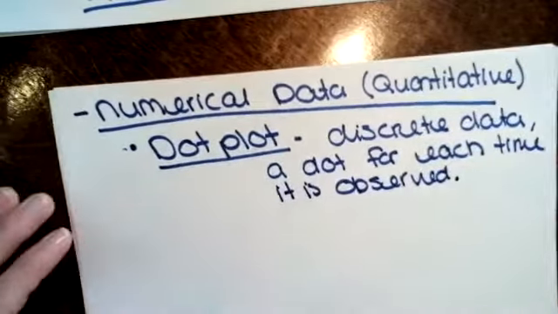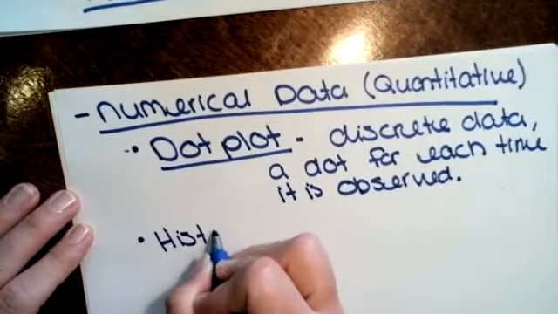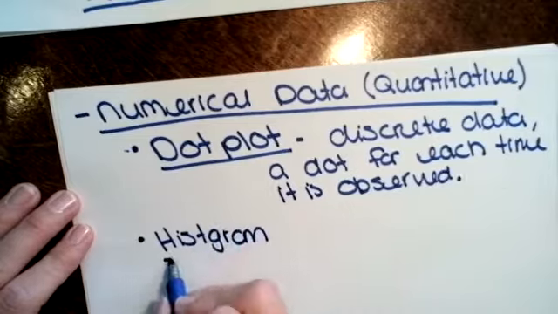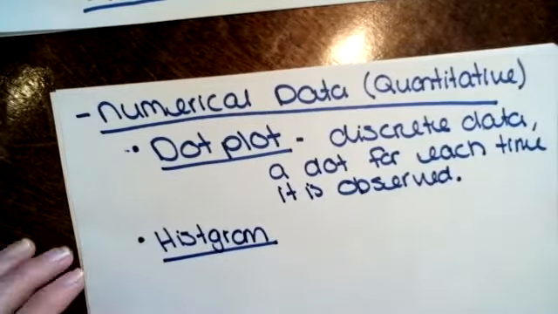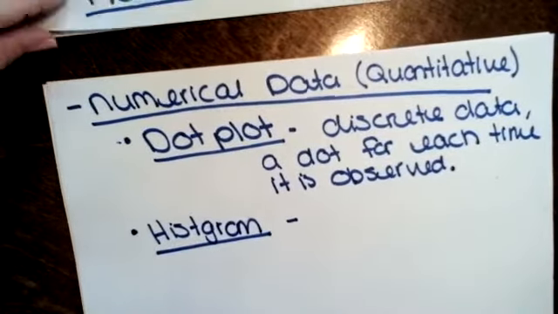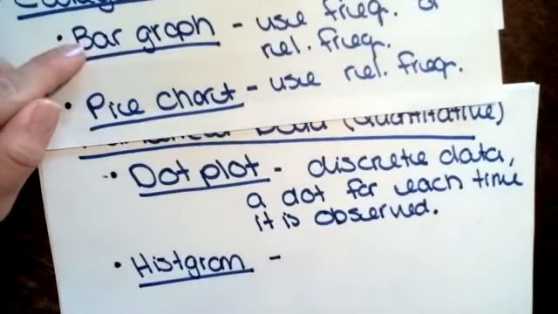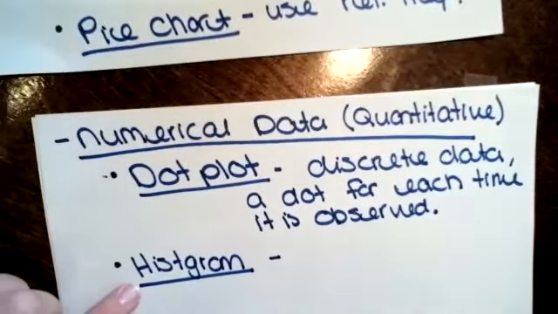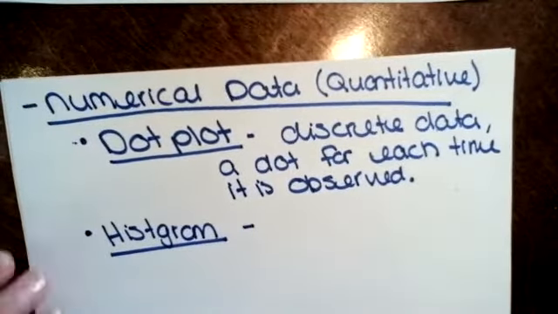Okay. The other one is the histogram. We use a histogram a lot. A histogram looks just like a bar graph, except the bars touch. Okay, so that's how you know the difference between the bar graph and the histogram. Bars do not touch in the bar graph. In the histogram, the bars touch. That's the difference.